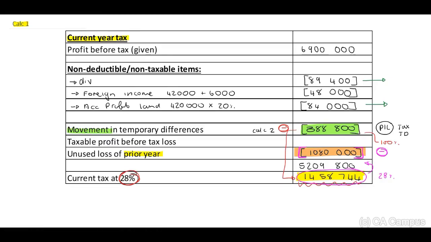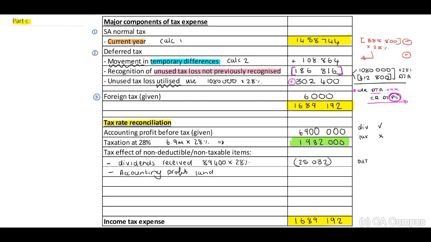It's the 84,000. But just for completeness, I'm going to include this as the 420,000 times 20%, which is the 84,000 times 28%. We now need to take this out. Same principle as the dividends, guys. 3520, right? Because the 100% was included, but we can only tax 80%. Therefore, we need to take out 20%.